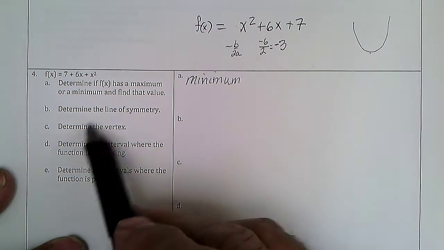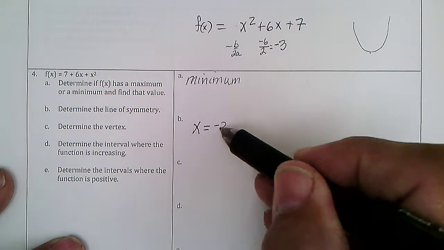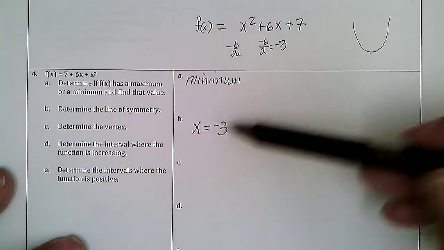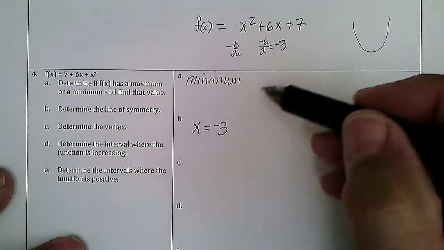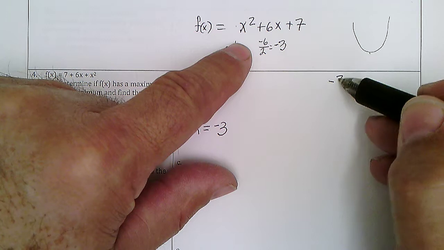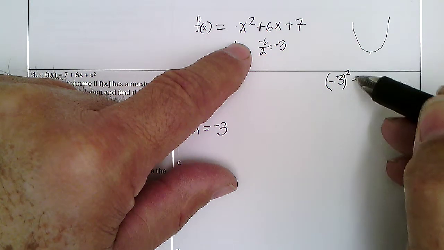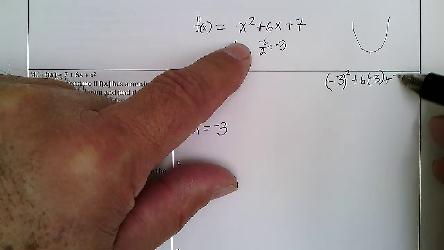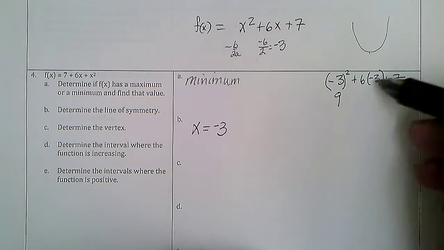In fact, the line of symmetry is x equal -3, minus b over 2a. But that's not the minimum. The minimum is how low does it go? So we put -3 into the equation to find out what the minimum is. So we have -3 quantity squared plus 6 times -3 plus 7. -3 times -3 is plus 9.